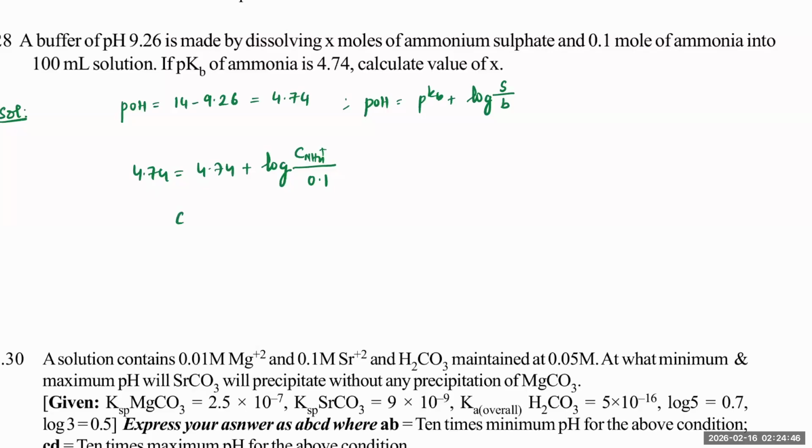Now I can say the number of moles of NH4 plus will be equal to 0.1 into 10 raised to power of 0, which is 1. So the number of moles of NH4 plus will be equal to 0.1.